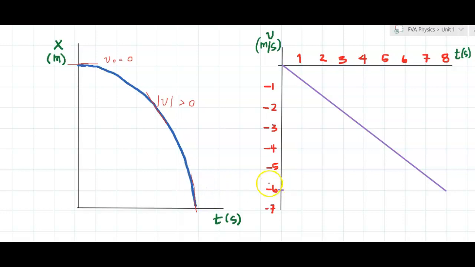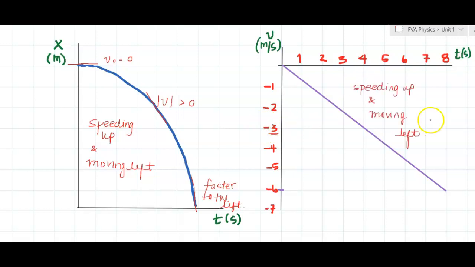So that would indicate that we're moving even faster in the opposite direction. So if we're moving faster to the left, this graph tells me that I am speeding up while moving to the left, which is the same information I get from the velocity graph. For every time the speed is greater and it's still to the left. So this also shows me speeding up and moving left.